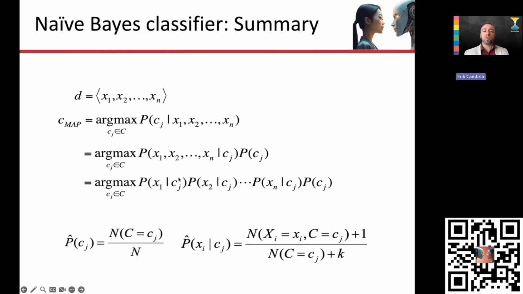So to conclude, this is what we did. We need to calculate this probability and take the maximum to decide whether document D belongs or not to class C. So we use the Bayes rule to come up with only these 2 probabilities that I need to calculate. And we also added this trick to avoid the 0 probability.